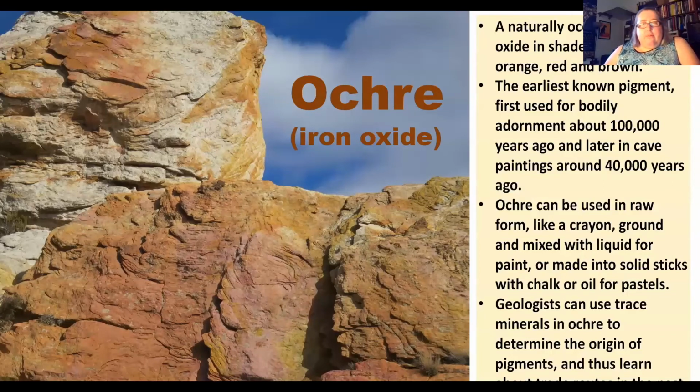And then I have just some nice facts. We know that people in Central and Southern Africa were using ochre for bodily adornment. They were painting their bodies. There are traces of ochre that have been found on shell beads from necklaces that had come off of people's bodies.